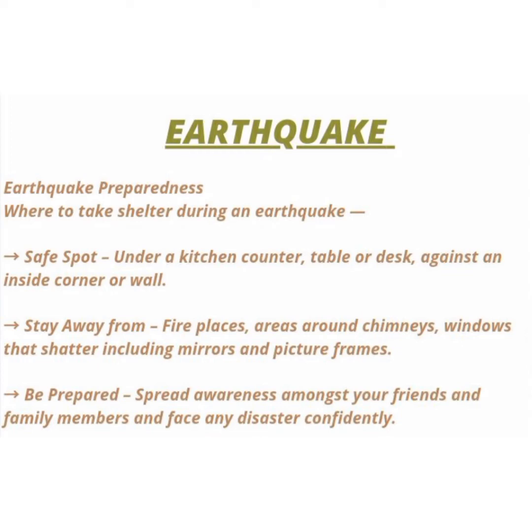Stay away from fireplaces, areas around chimneys, and windows that may shatter, including mirrors and picture frames. And how can we be prepared? We can spread awareness among friends and family members, and if we are facing any disaster, we should try to face it confidently.